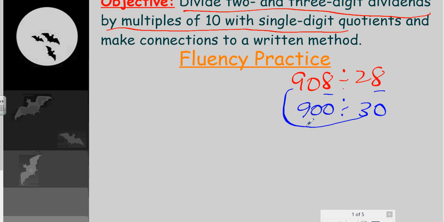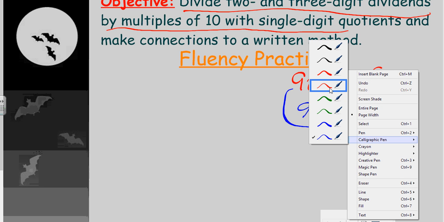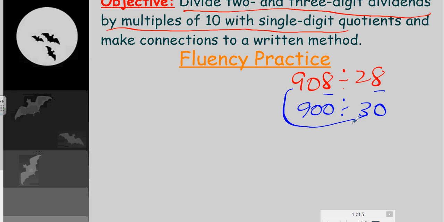Now, looking at this problem, there's a couple of different ways you could solve it. You've got to do the way that's going to make sense to you. You saw me crossing out powers of 10. The people who wrote this manual want you to see that 30 is 3 times 10, and it's a power of 10. So if we divide out a 10 first and then divide out the 3, it would make life much more pleasant.